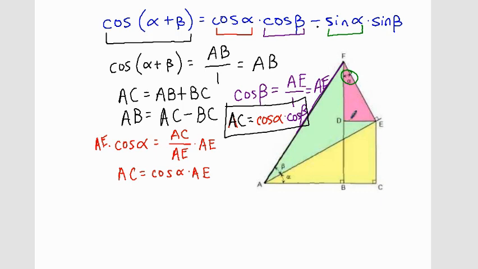But the opposite is DE. So sine alpha is equal to DE over EF, which would be the hypotenuse. And I won't write it out, but sine alpha times EF is equal to DE.